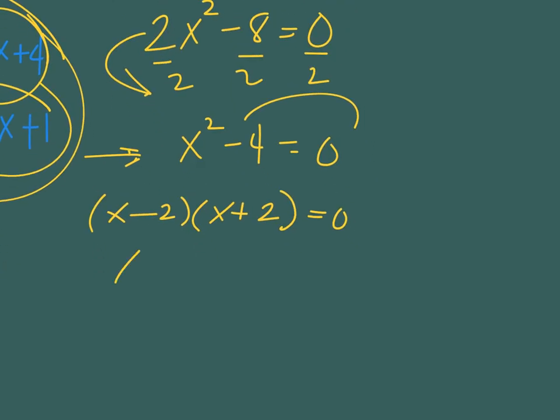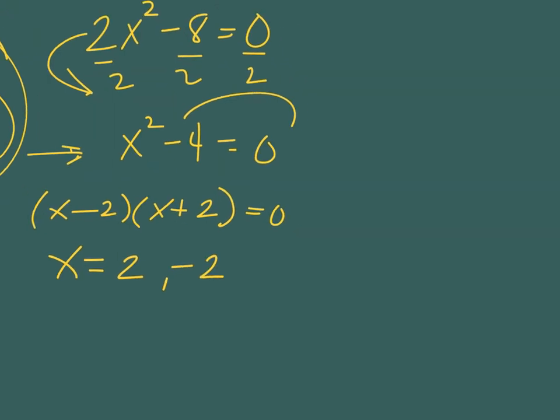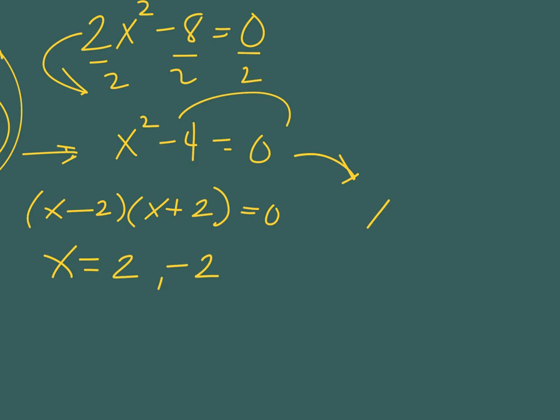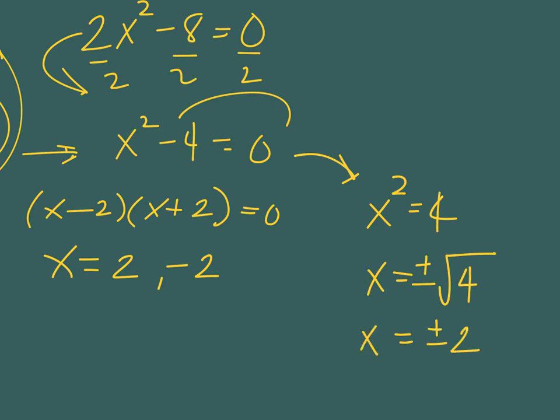Then that means our x will be 2 and negative 2. If you decide to move the 4 to the other side, x will be positive or negative square root of 4, and the square root of 4 is 2. You will get the same values of x.